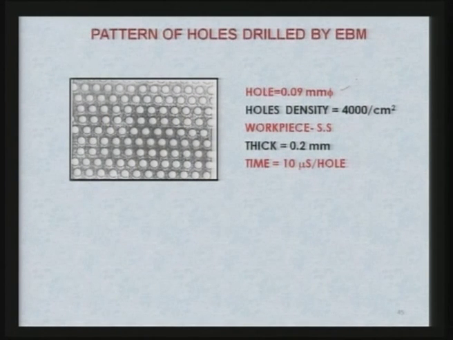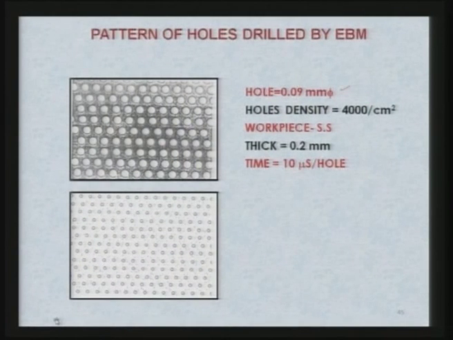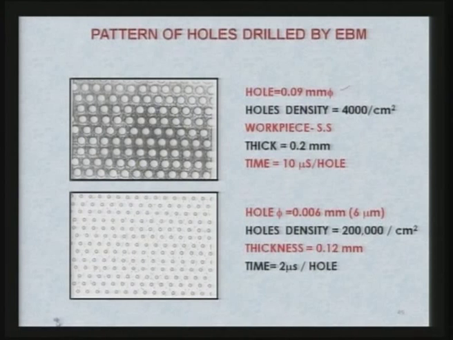But some of the industry people are not satisfied with this size of holes, they want still smaller holes. So, they have used the electron beam machining process again, and they are able to create 6 micron size holes at a very high density of holes per unit area.